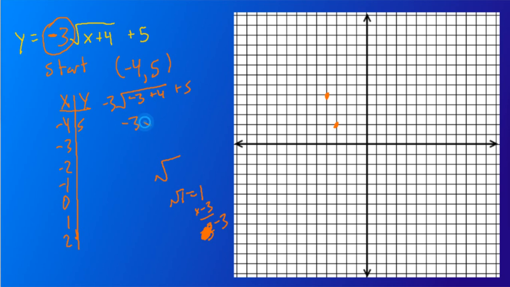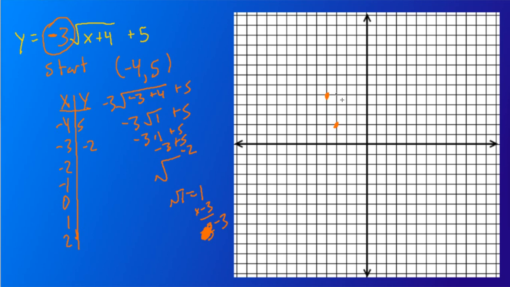I have -3, square root of 1, plus 5. Square root of 1 is 1. -3 plus 5 is -2. And I get this point, -3, -2. Look at where this point is. It's -3, -2. It's in the same spot.